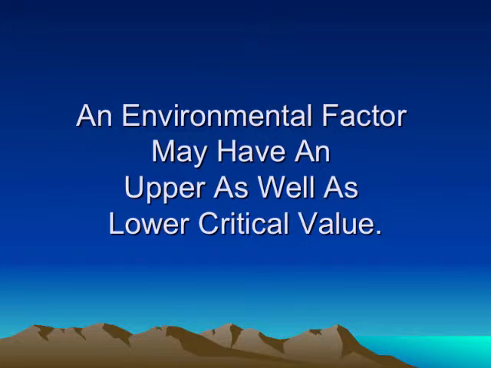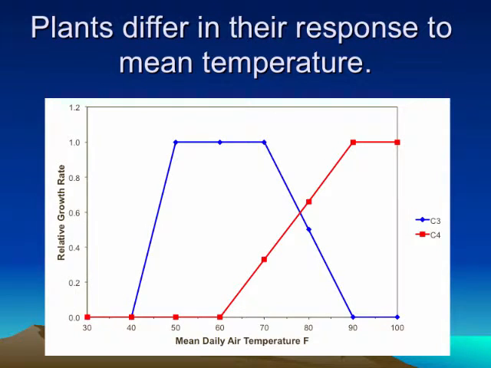Environmental factors often have upper limiting regions as well as lower critical values. The classic one that we work with every year is the cool season grass, the C3 grasses. If the temperature is below 40, they don't grow very well. Once we get the mean daily temperature up around 50, they're doing pretty well.